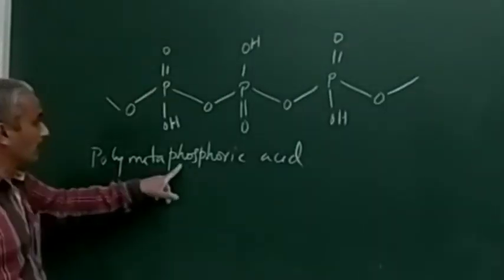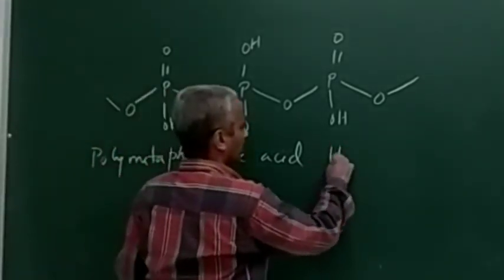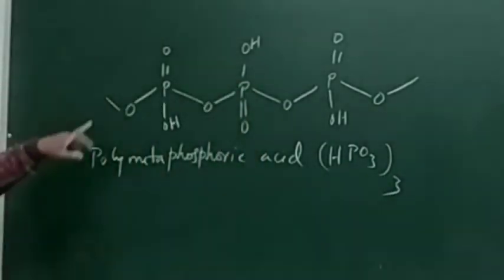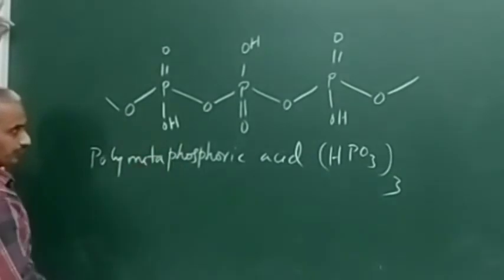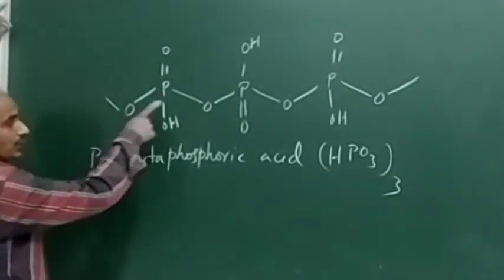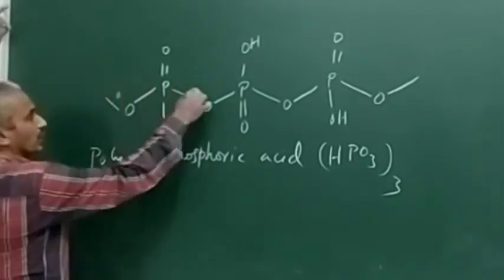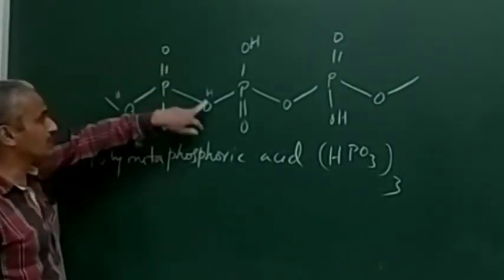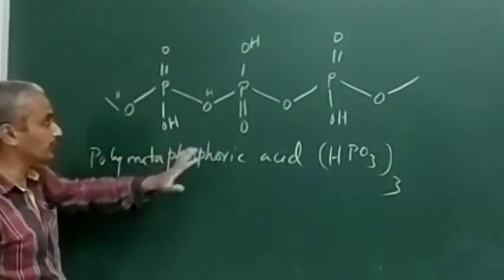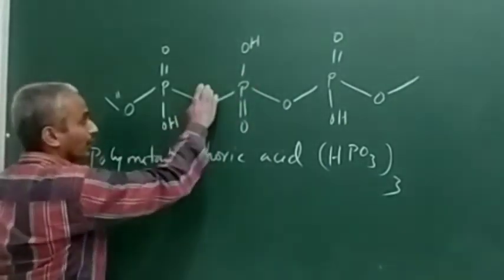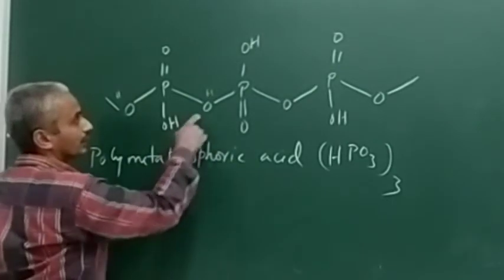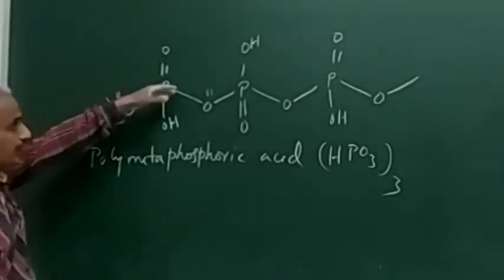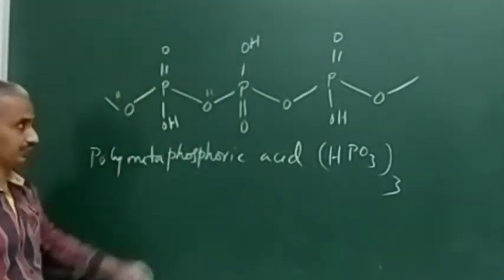Next one is polymetaphosphoric acid, which is (HPO3)n. Phosphoric acid is H3PO4. So here one H, here one H. Means here OH, here OH is there. Then it is orthophosphoric acid. If the polymerization takes place from this, then that will be the polymetaphosphoric acid. So n times it will be there on either side.